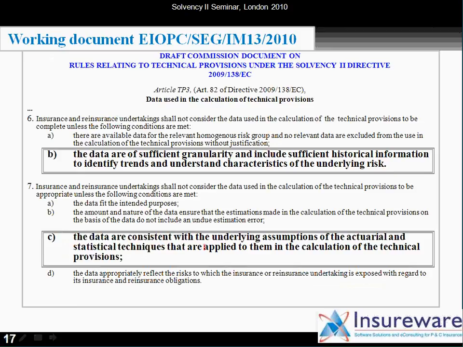The directive says the data are consistent with the underlying assumptions of the actuarial and statistical technique. Now, it's the other way around. The model, the technique, has to be consistent with the information in the data. In other words, all the assumptions made by the model need to be carried by the data, and that's exactly what we do in the PTF type framework and the MPTF type framework.